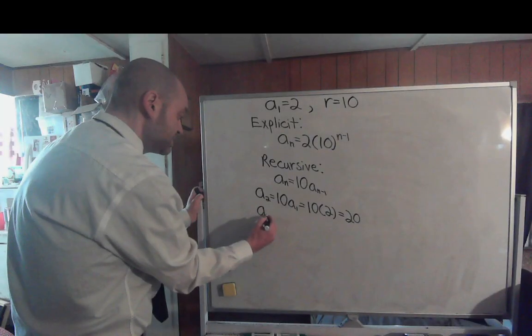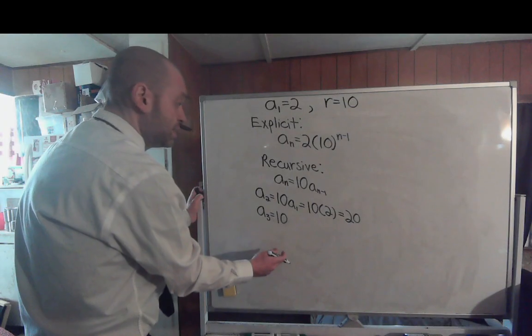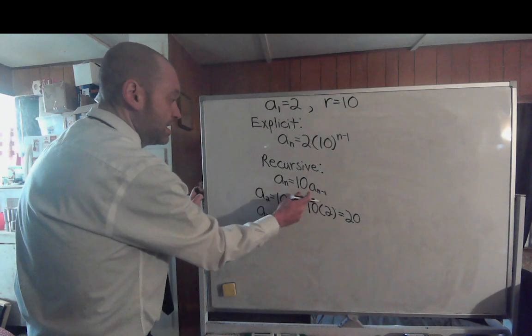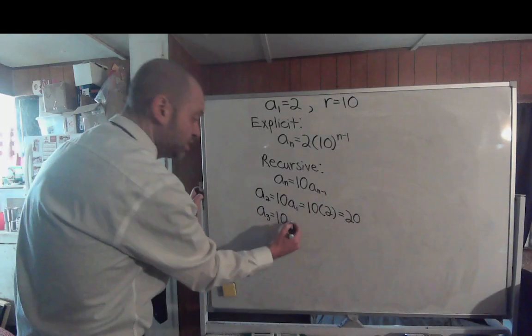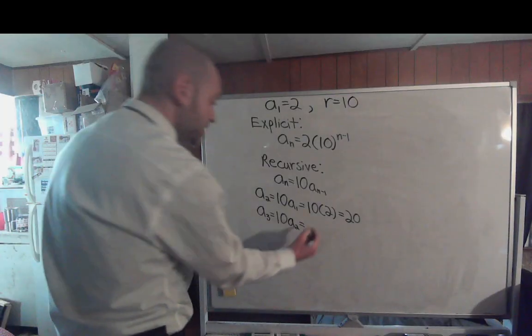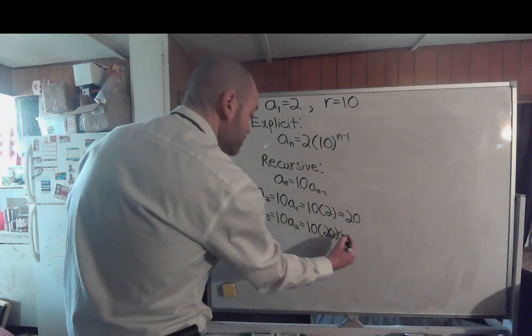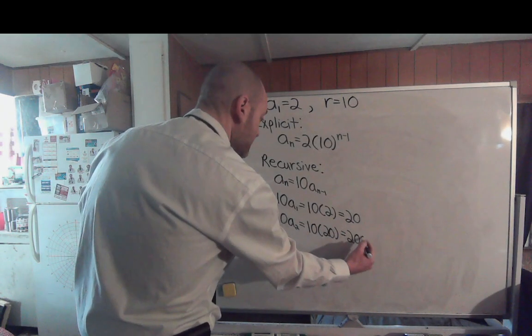Let's find a sub 3. So that's going to equal 10 times a sub 3 minus 1, which would be 10 times a sub 2. So that would be 10 times 20, which should end up giving me 200.